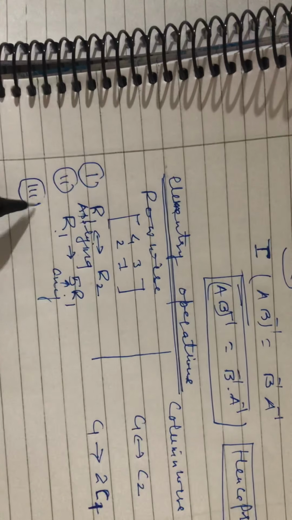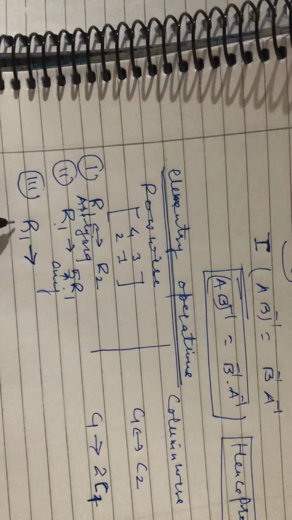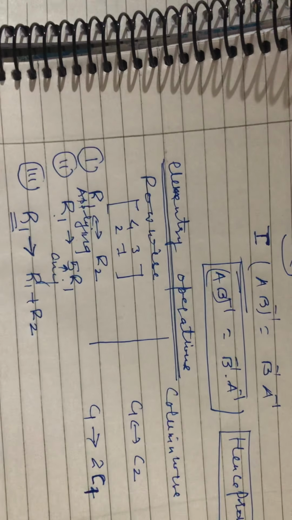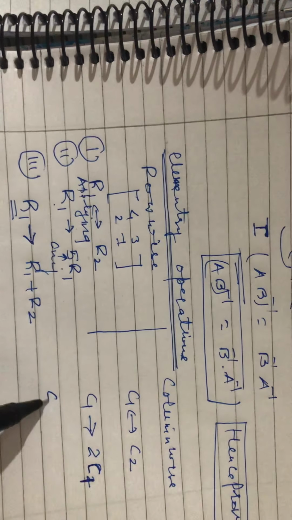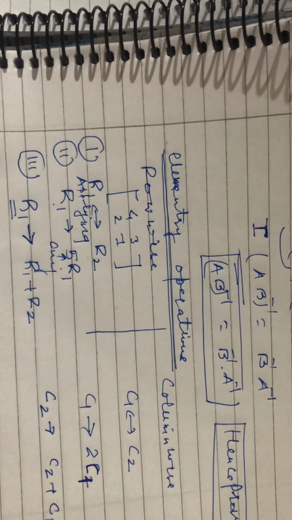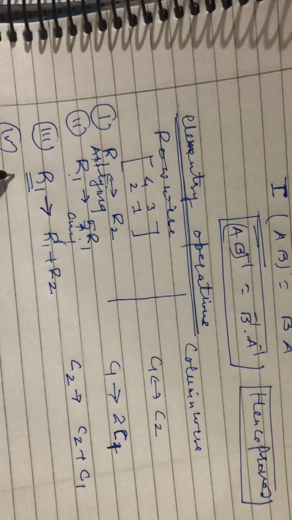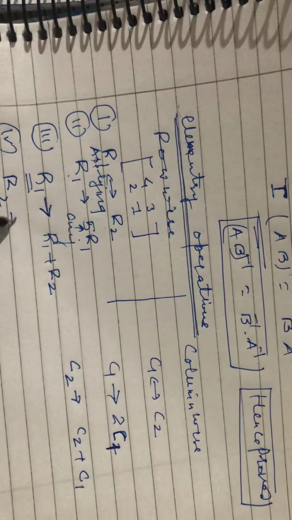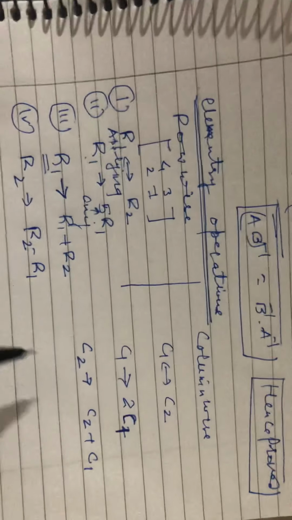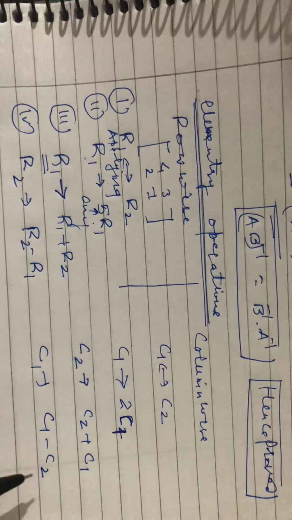Rule number 3: suppose we want to change R1, then R1 plus R2, we can add. Same with columns. Rule number 4: we want to change R2, then R2 minus R1. Same with C1, we write C1 minus C2.